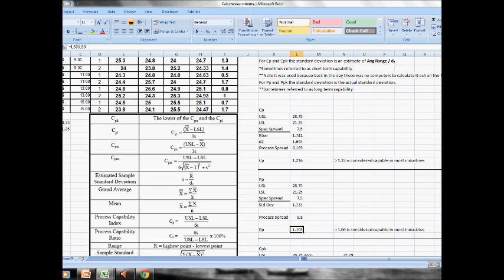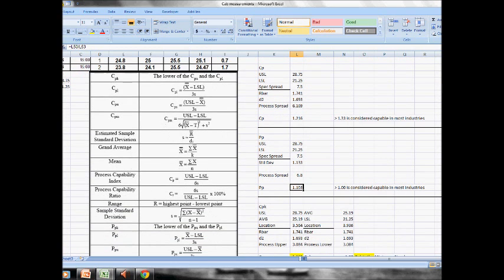Now normally, because it's a holistic number, you'll consider 1 as the capability cutoff point. Normally your CP is greater than your PP, so this now is pretty typical of what you would see in industry. Let's go ahead and scroll down.